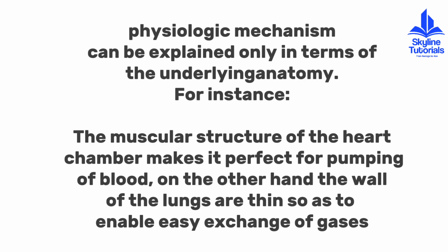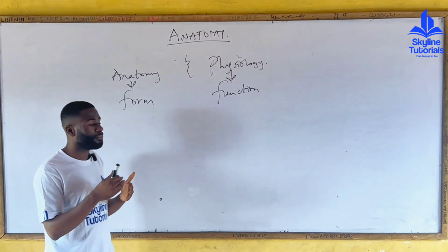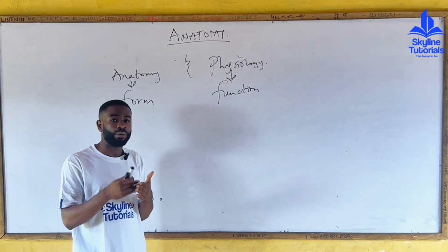We have talked about physiological mechanism, so let's explain that. Physiological mechanism simply means the way or means of the functioning of any part of the human system or the human organ, the way it functions.